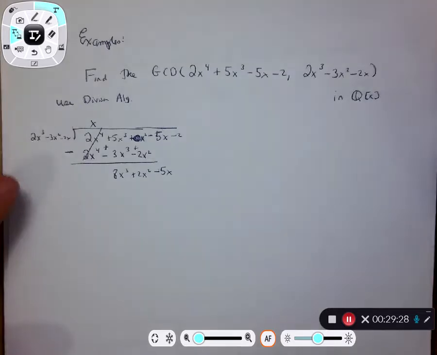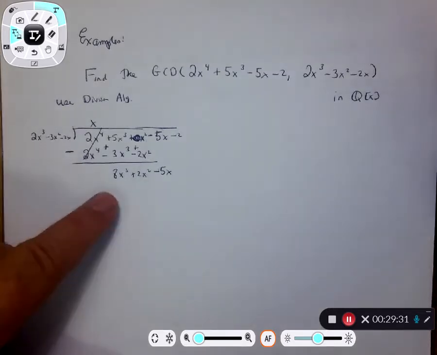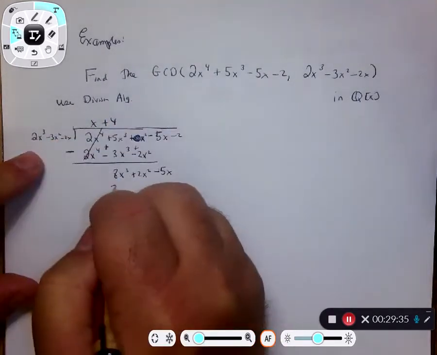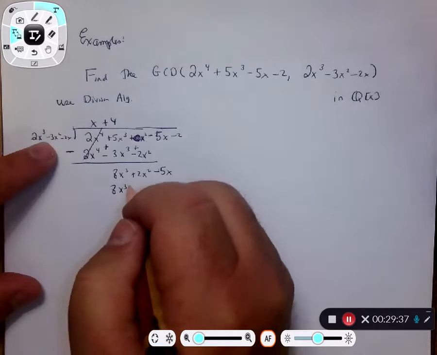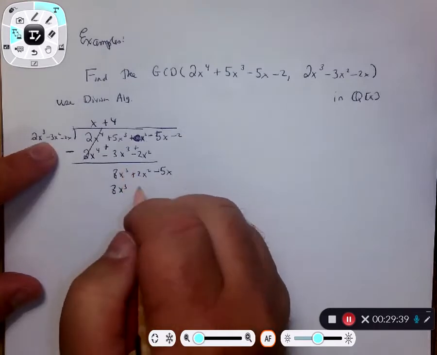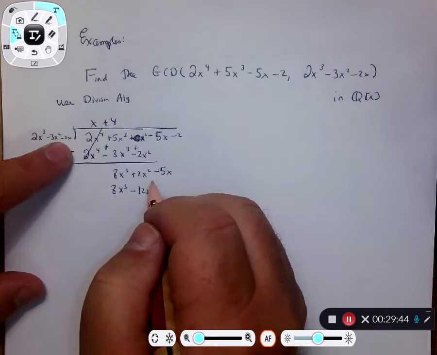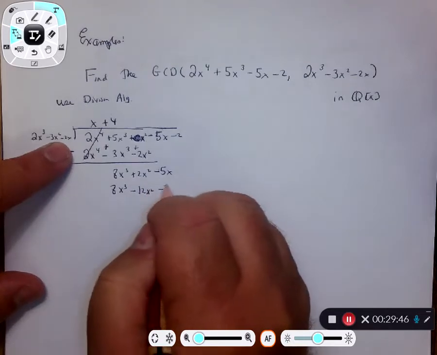Now, what times 2x cubed is 8x cubed? Plus 4. 4 times 2x cubed is 8x cubed. 4 times negative 3x squared would be minus 12x squared. And 4 times a negative 2x would make it a negative 8x.